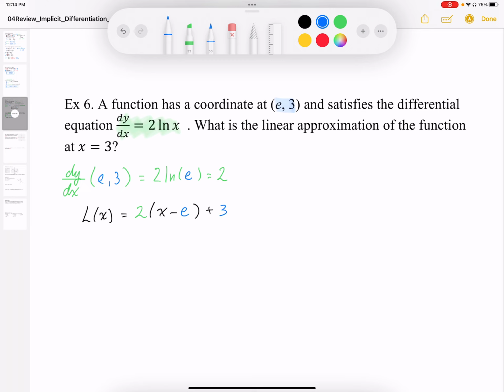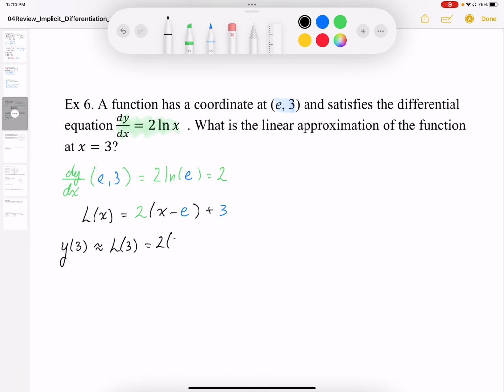So there's my linear approximation line. And this line is going to approximate values on the original y equation. So I want to approximate the y value at 3, and that's going to be approximated by the tangent line approximation when I plug x as 3 in.